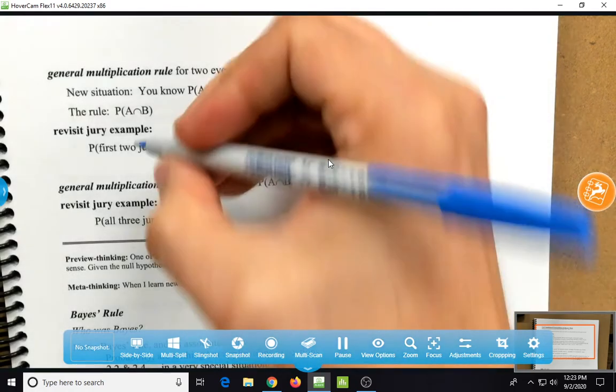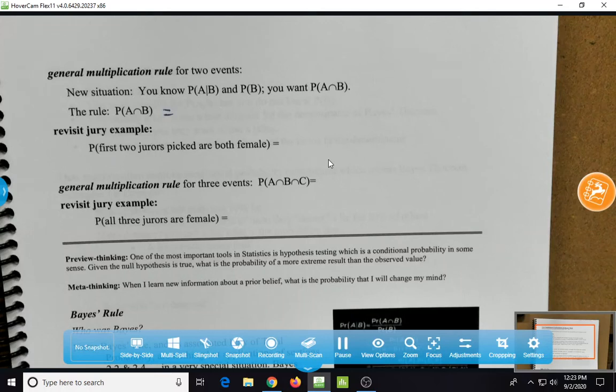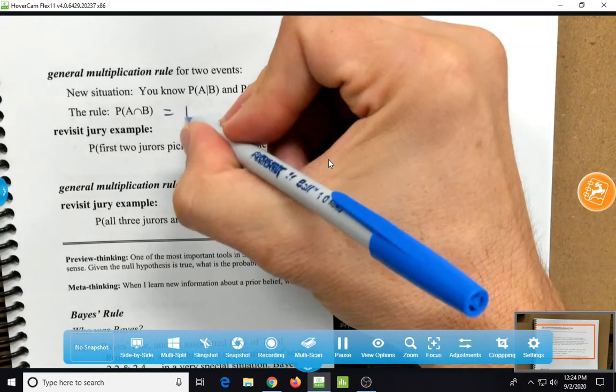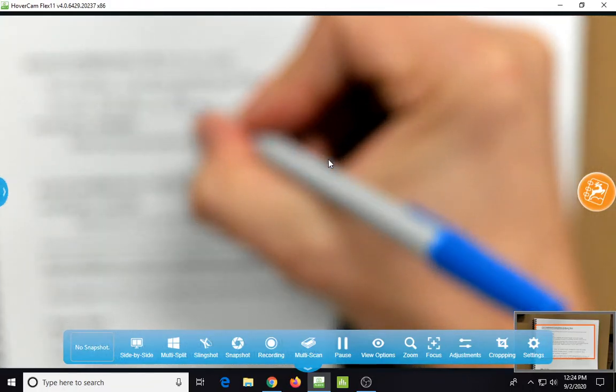So the rule is, if this is equal to the probability of A intersect B over the probability of B, then I know that the probability of A intersect B is equal to the probability of B times the probability of A given B. And if you think about it, there's another way that I could write this.